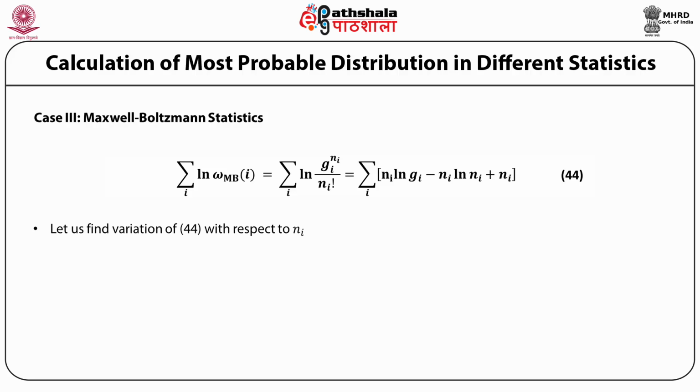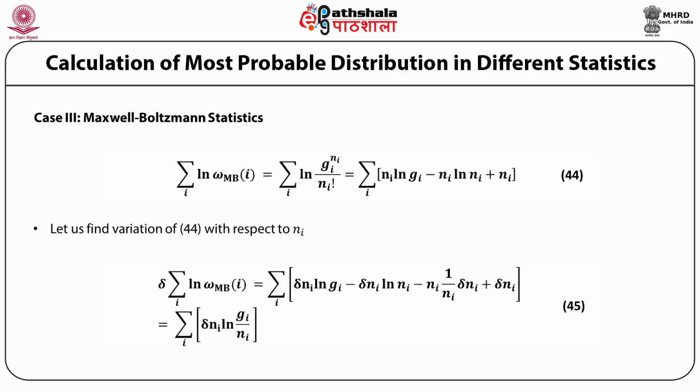Let us find the variation of 44 with respect to ni. This variation is equal to summation over i delta ni log of gi minus delta ni log of ni minus ni multiplied by 1 upon ni variation in ni plus delta ni, which is equal to summation over i delta ni log of gi by ni.